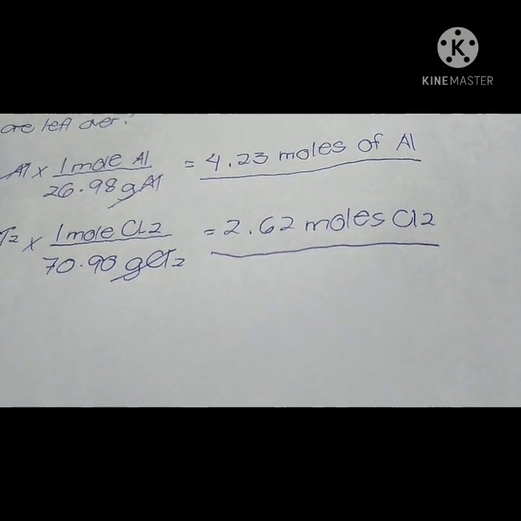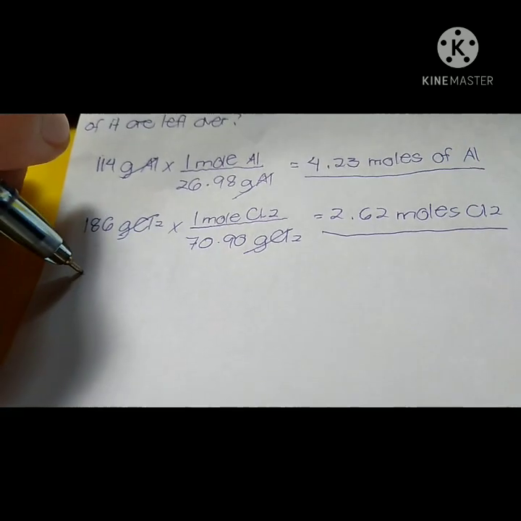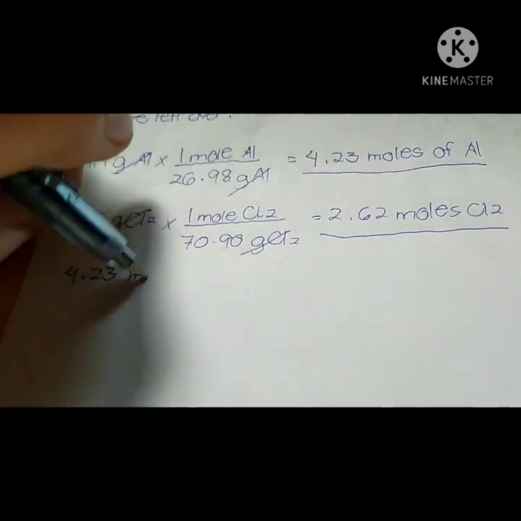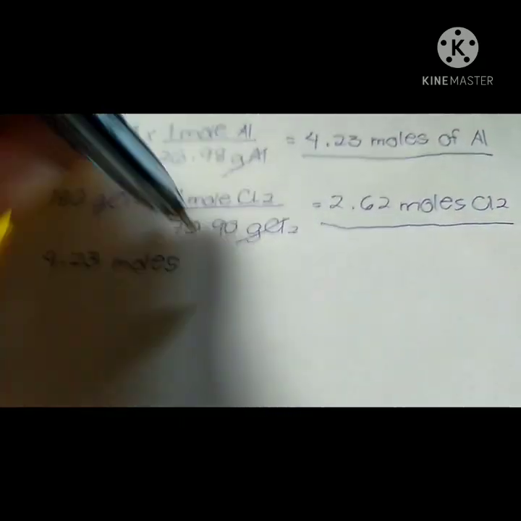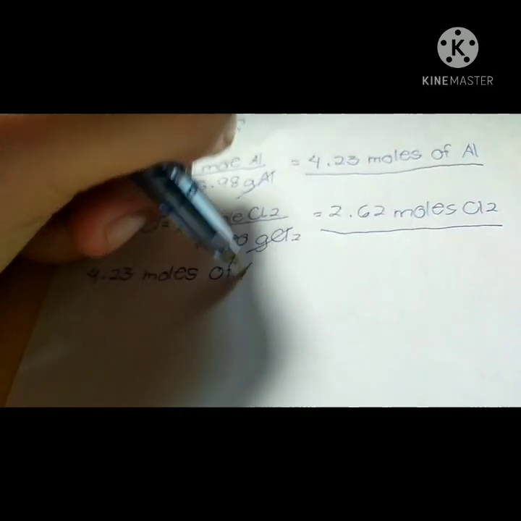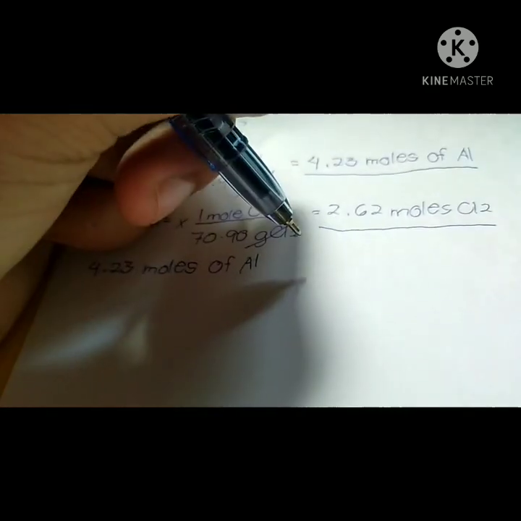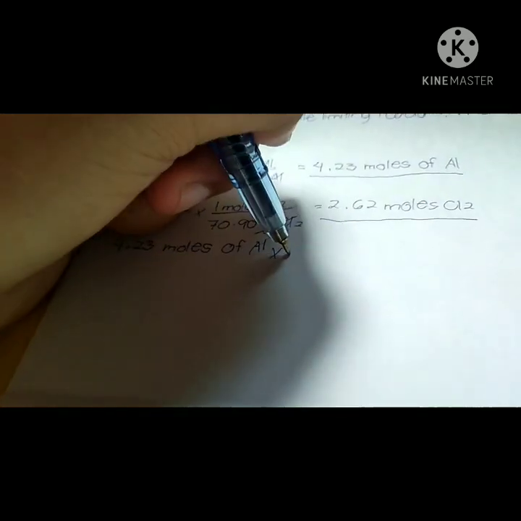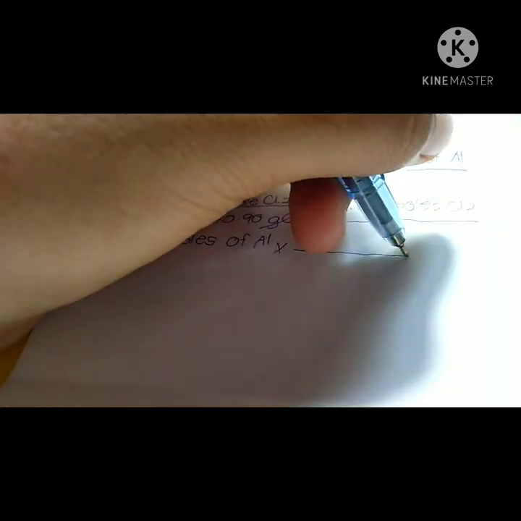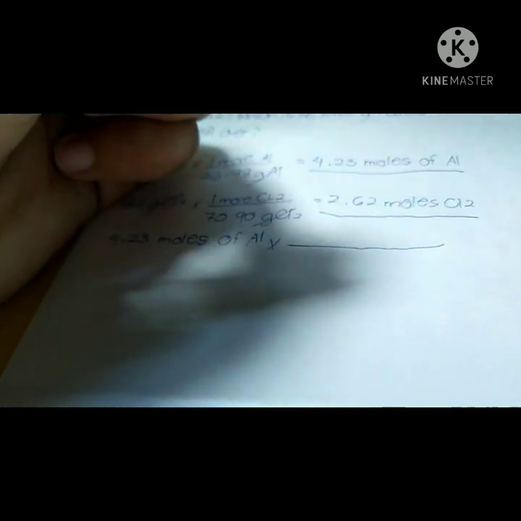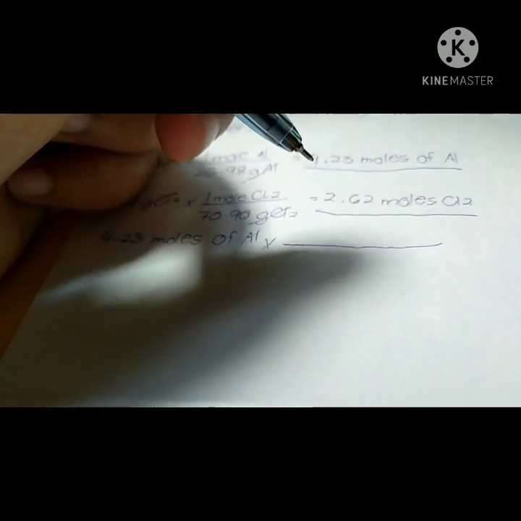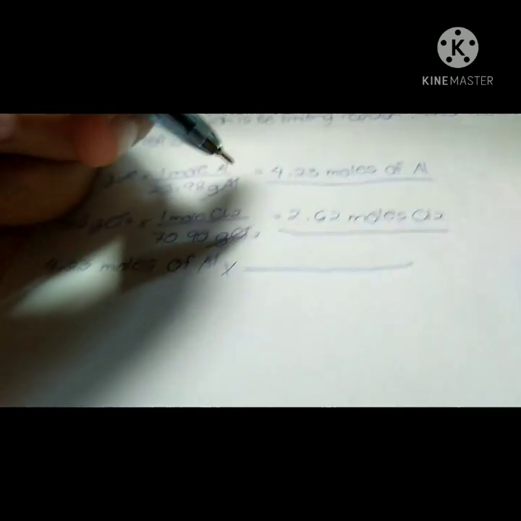Okay, we'll have 4.23 moles aluminum, and I want to multiply this by a conversion factor that represents the relationship in this equation between moles of aluminum and moles of chlorine.